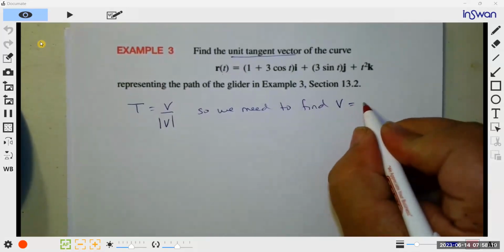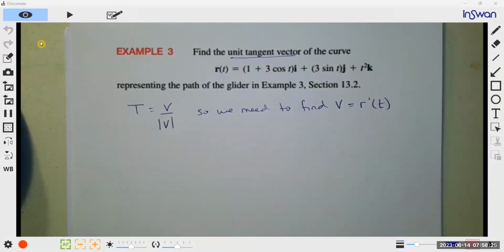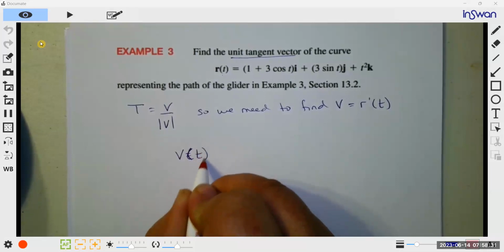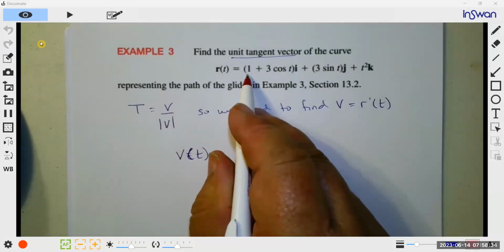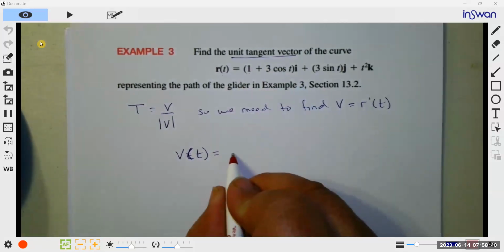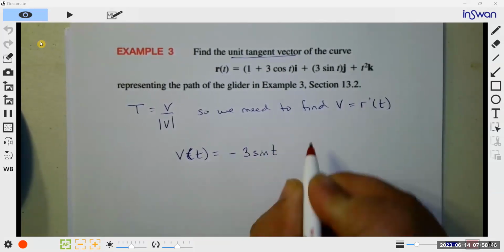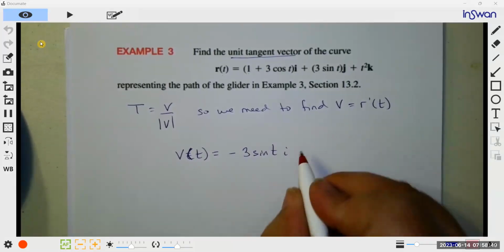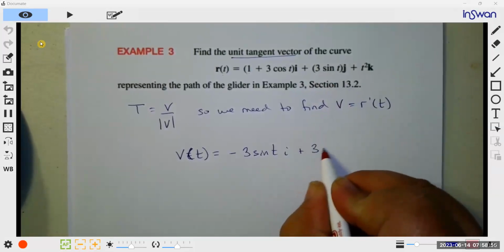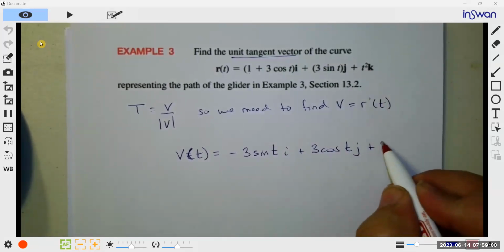We need to find v, and v is the derivative. So v of t equals derivative of 1 is 0, 3 cosine is negative 3 sine t i, 3 sine, derivative of sine is cosine, and derivative of t squared is 2t.